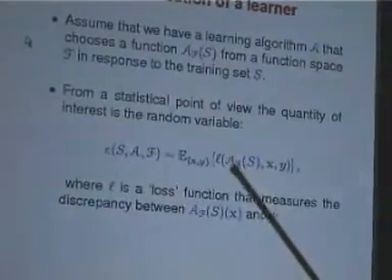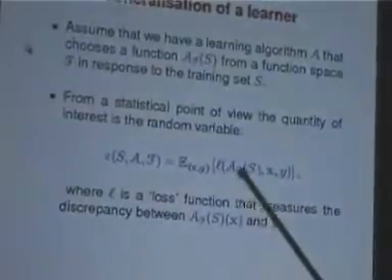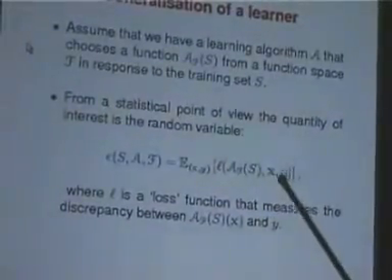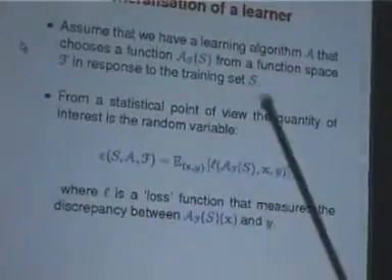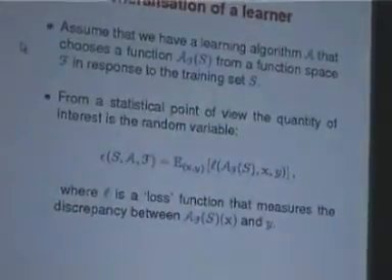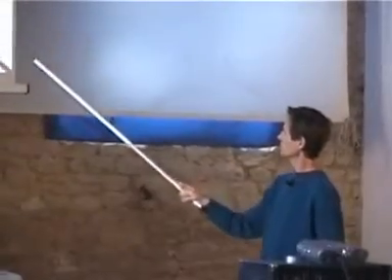And when we apply that function to the new example, and measure how well it matches the output, the loss here is some measure of the fit of the output of your learned function and the actual output that should be given. And we want really to estimate the expectation of that loss.